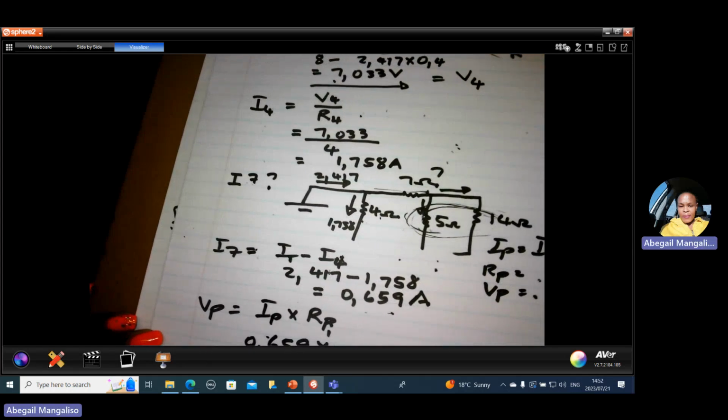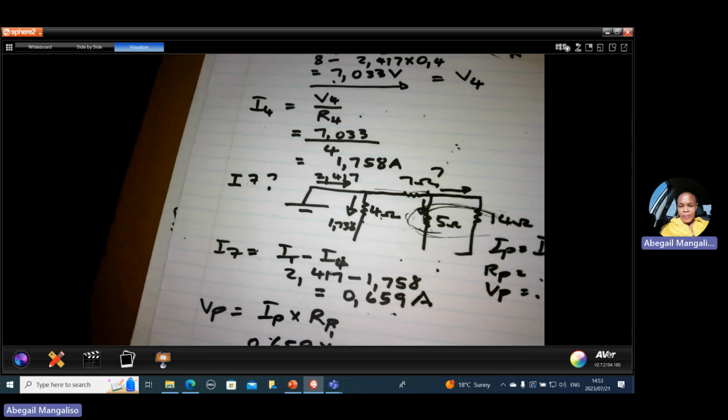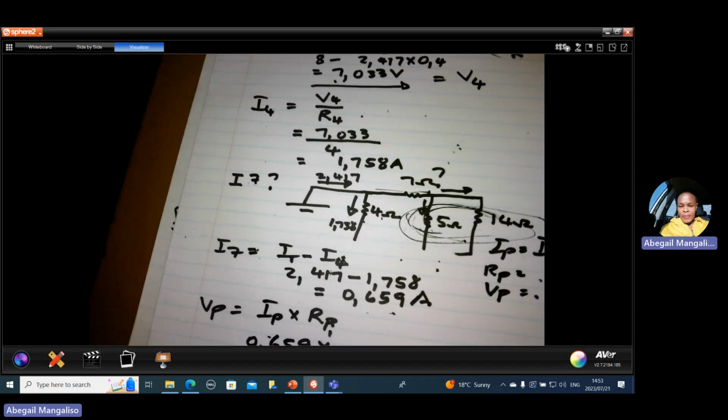So we put 3.684, and the answer is 2.427. 2.427, the SI unit is volts. So this voltage across the parallel is also equal to V5. So V5 is 2.427 volts.